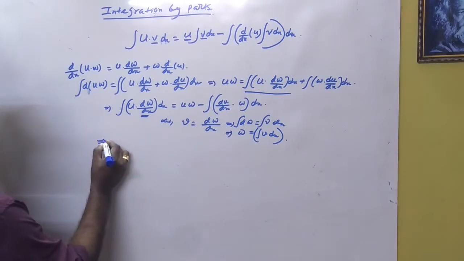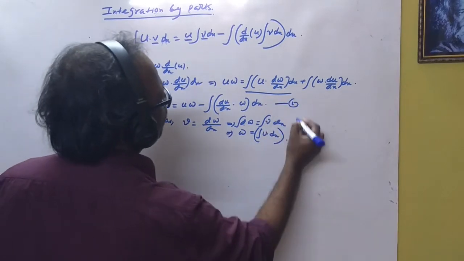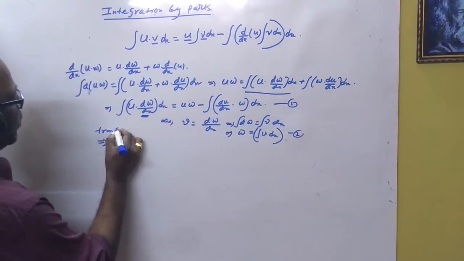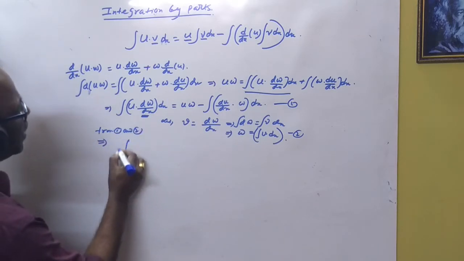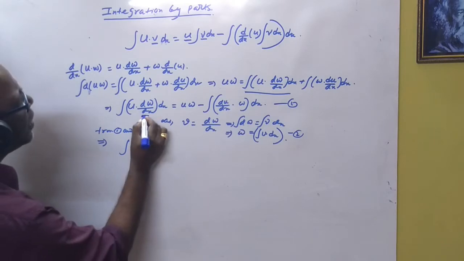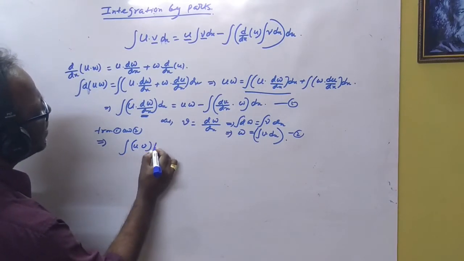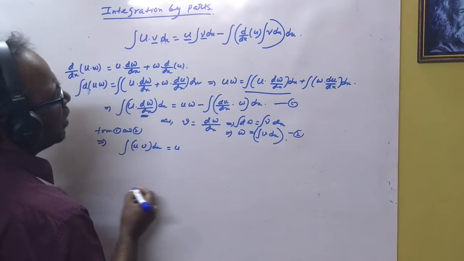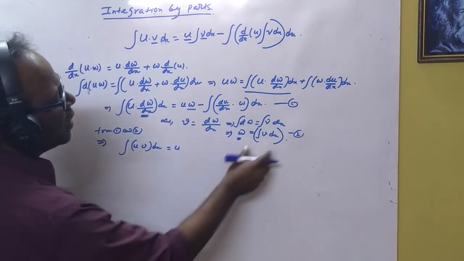Okay, so from relations 1 and 2, we get the integral of u into v dx, and now we substitute here for w.